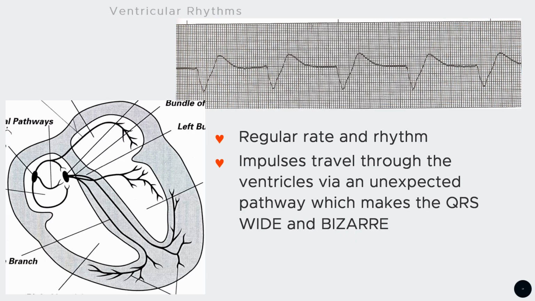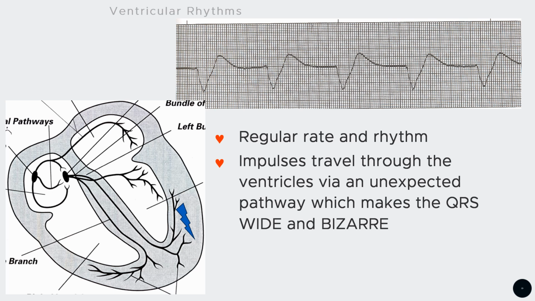When we look at the strips, you'll see wide and bizarre complexes, but they are regular. So please make sure that when you're looking at these rhythms, you note that yes, indeed, they are regular because it is a single impulse. Now, please don't marry where I have put my energy generator there.